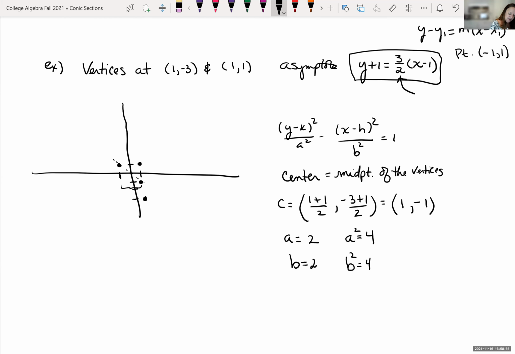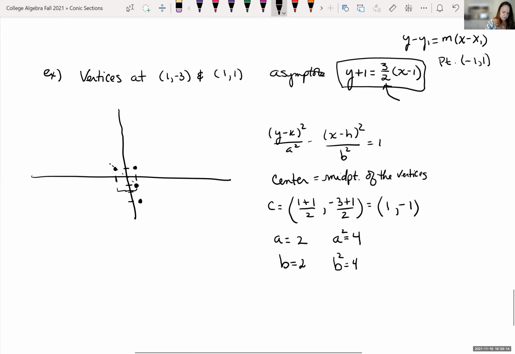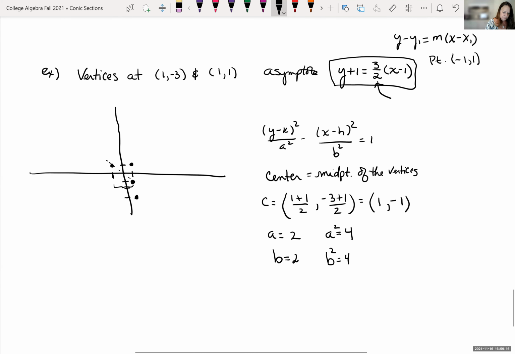And in this case, that would be off. Darn it. So I'm thinking I'm off on something. It's a distance of 2.